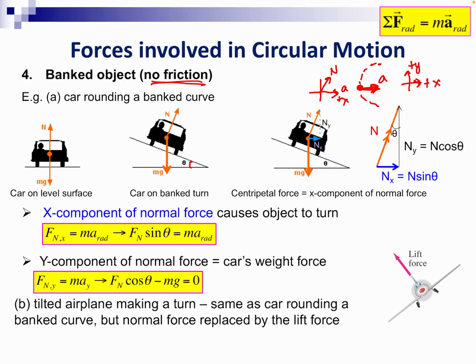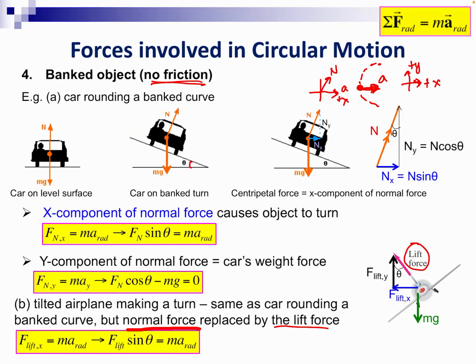And a similar scenario will apply for an airplane that's tilted and making a turn. It will be the same as a car rounding a banked curve, but in this case, there's no normal force. The normal force is replaced by the lift force. So instead of a normal force, you have this lift force, but the concept is still the same. You have the y component of the lift force and the x component of the lift force.